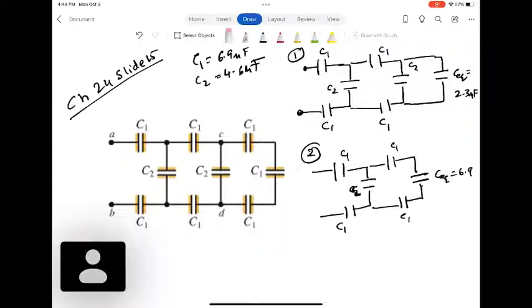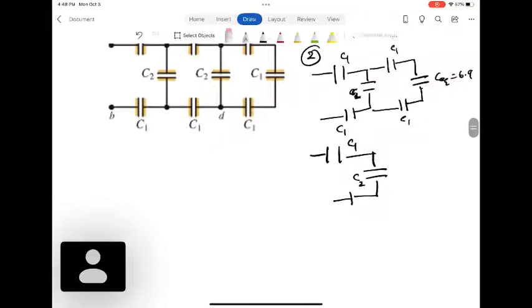So I mean the inverse of that will be 2.3. So this just becomes C1 and then C2, C1 again. And then we're combining the C1, C equivalent, and C1. And once again, we get a 2.3.